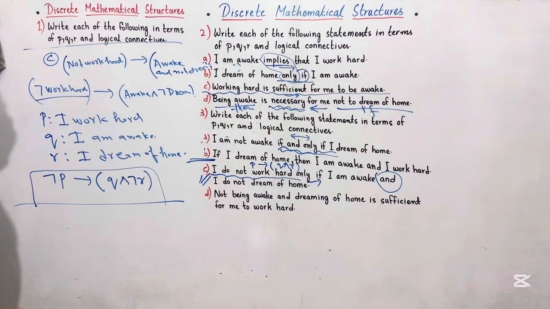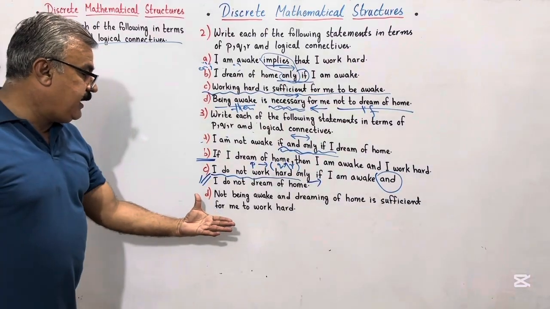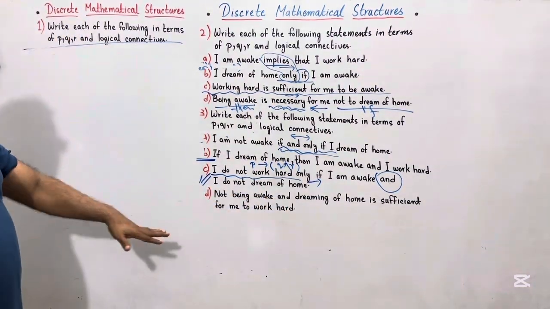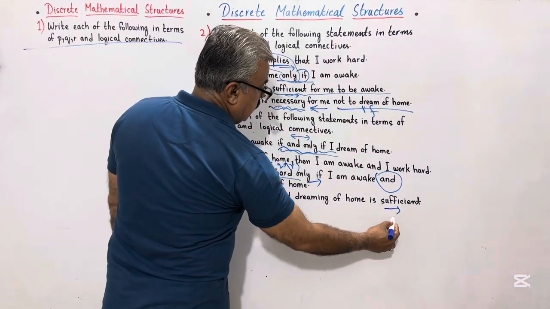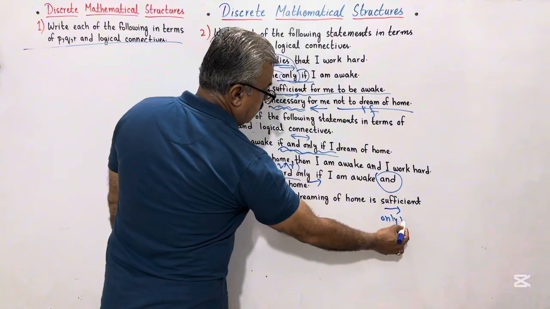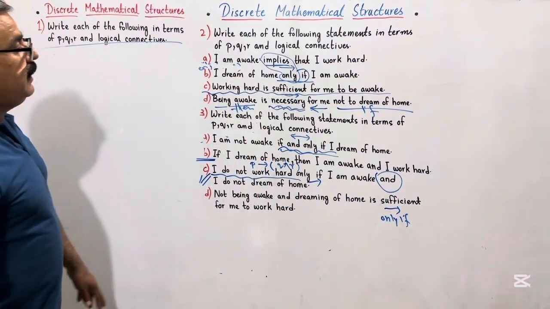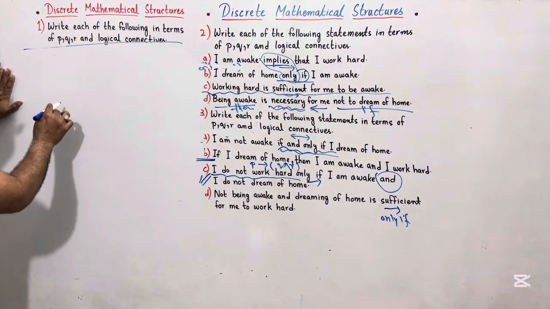Moving toward point number D, that really says not being awake and dreaming of home is sufficient for me to work hard. Sufficient means imply. Let me write the keywords.